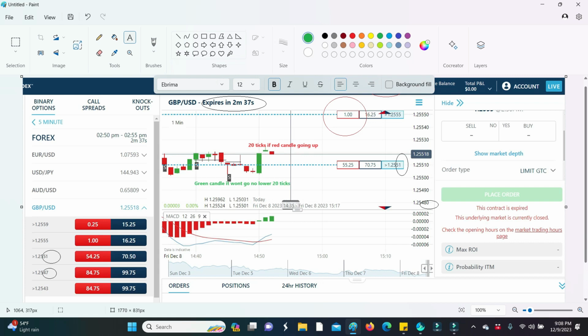So what you want to do, even before you do any of this, is what I get from studying and hovering over the candles. So how you know where these won't go is at the beginning, before you do anything. Don't just go off the 20 ticks.